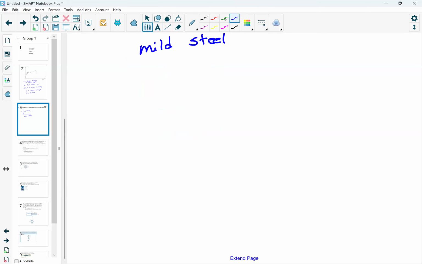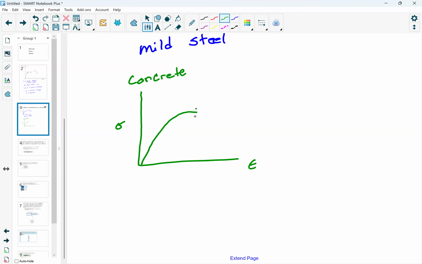All right, concrete. Can you get strain hardening with concrete? No, it's a very brittle material. So it's basically going to come and then it's just going to break.